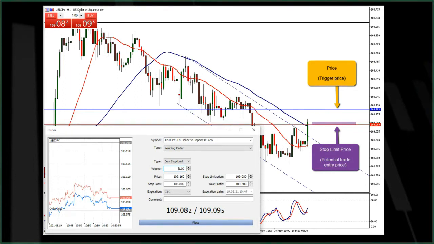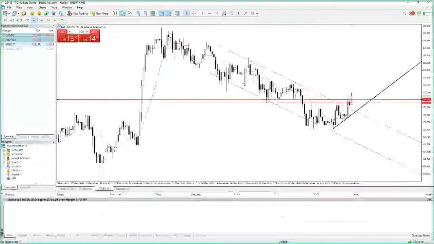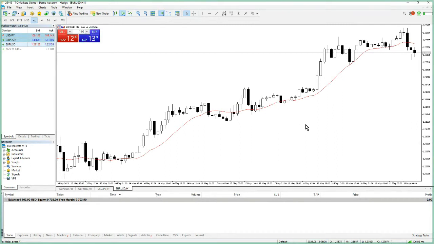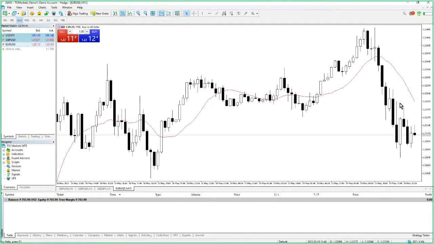All right, then the same can be done obviously for markets that are moving lower. Let's see how Euro USD looks like. What do you think? Is it going down or up? Is it going sideways, or what's happening with this market? Any ideas?